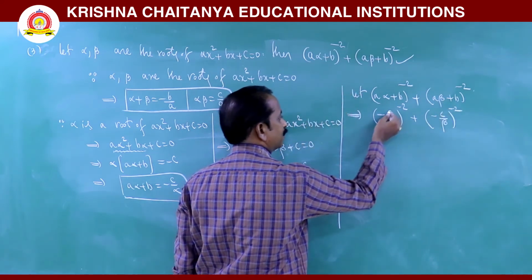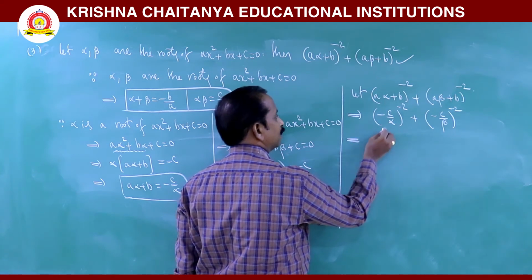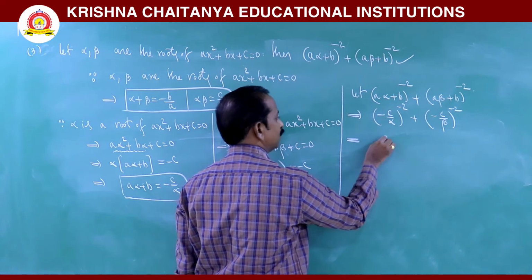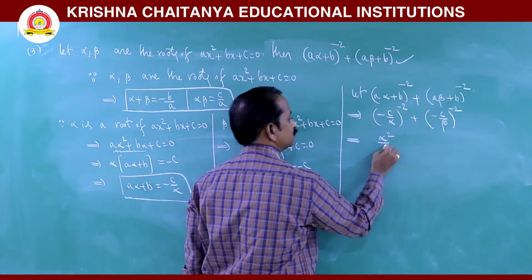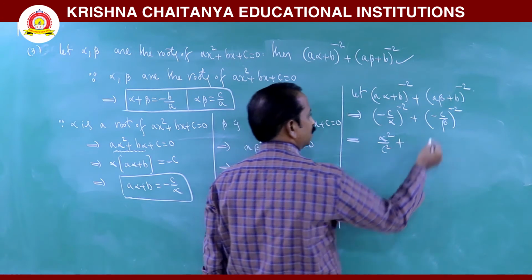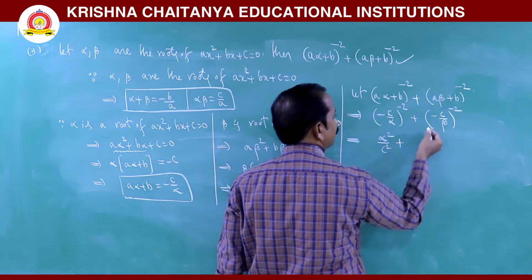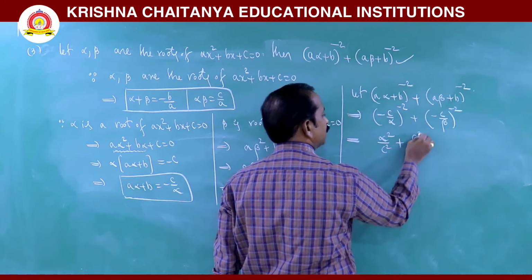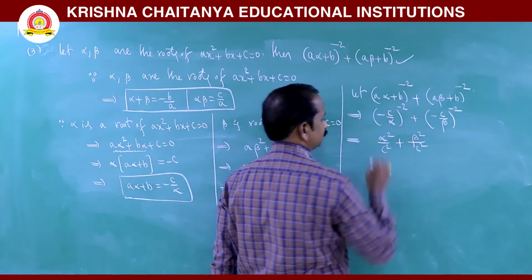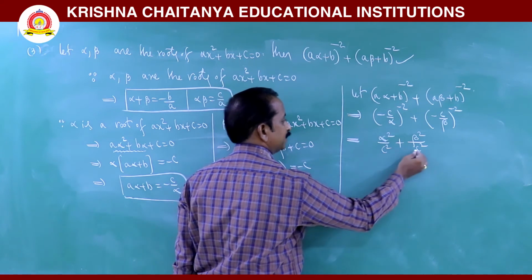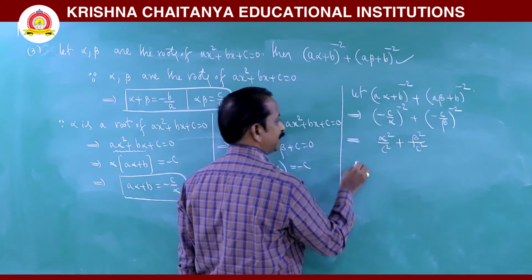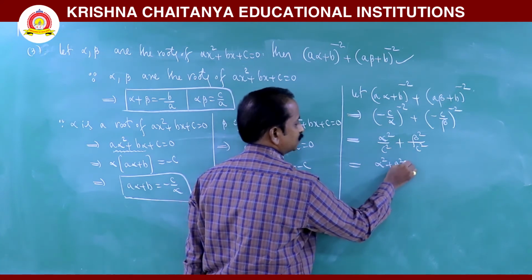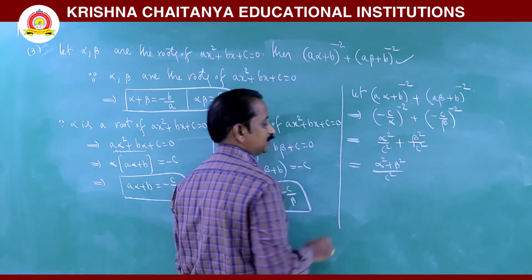Now we can write this as (minus alpha by c) whole square, meaning alpha square by c square, plus (minus beta by c) whole square, so beta square by c square. Now denominators are equal, so numerators are added. So we can write alpha square plus beta square divided by c square.